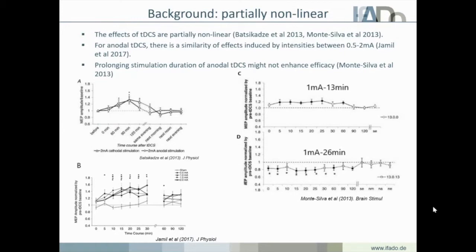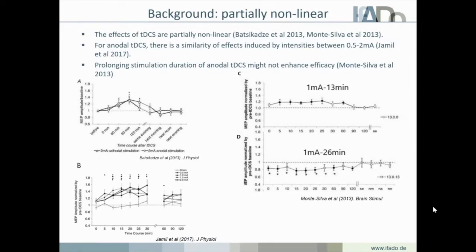So with cathodal tDCS, Batsikadze showed in 2013 that when you increase the intensity of cathodal tDCS from 1 to 2 milliamperes with 20 minutes of stimulation, there is a conversion of the direction of after effects from a diminution to an enhancement. That is picture A.